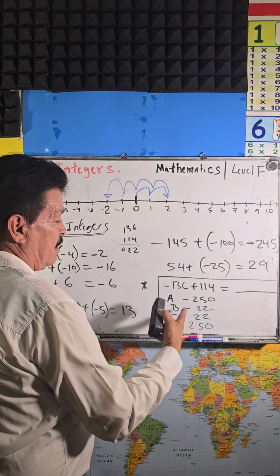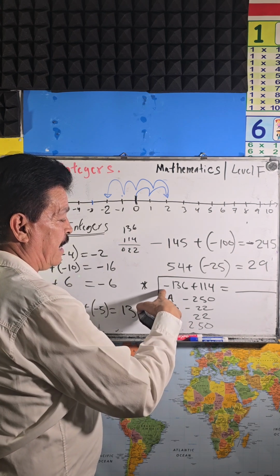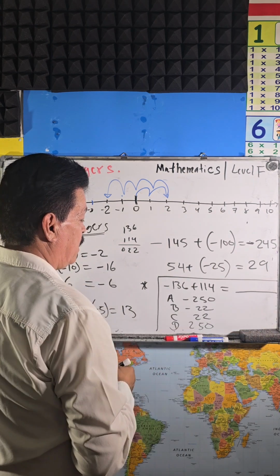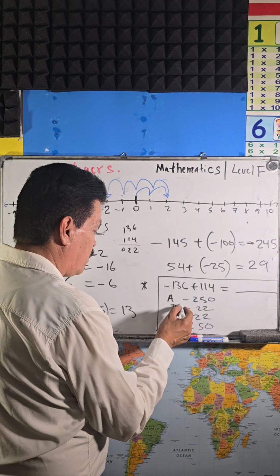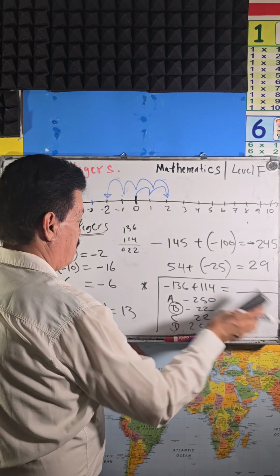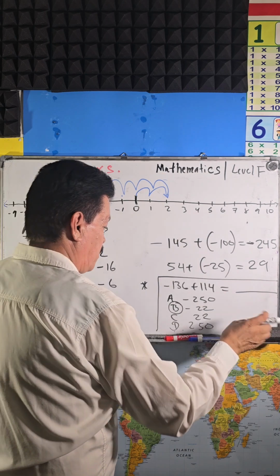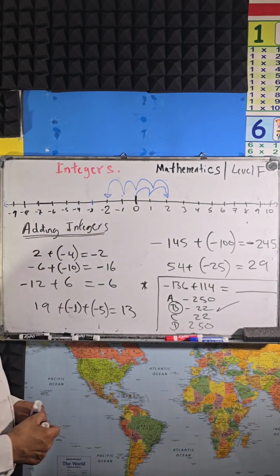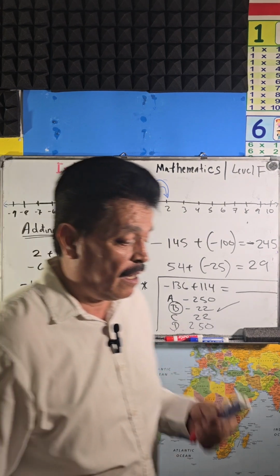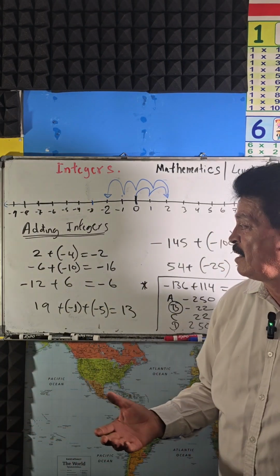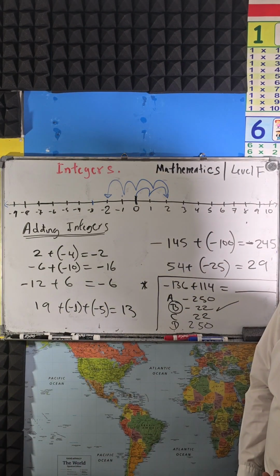But the bigger one, what sign does it have? A negative. So the bigger is a negative number. Therefore, the right answer is B. B is the right answer in this problem, okay? This is the way that we work when we are adding integers.